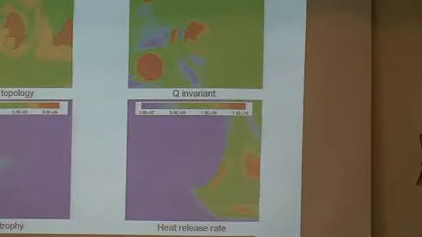So, looking at flow topology with the Q invariant, which is another method that gives you, for positive values, a compressive vortex region, while strain region for negative values. Well, this is entropy and the heat release. You see this tongue, the flame tongue, it's in the strained region. It's co-located with the strained region.